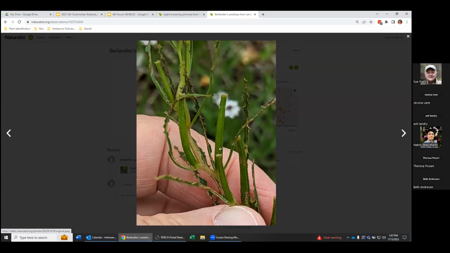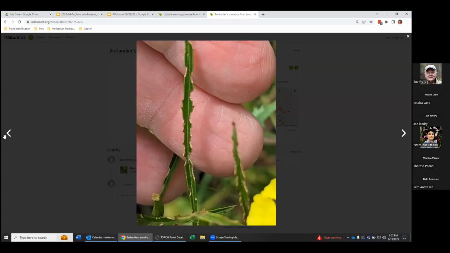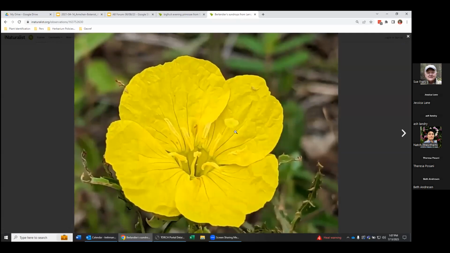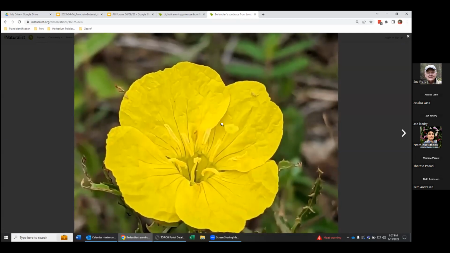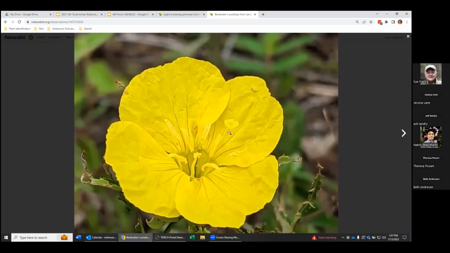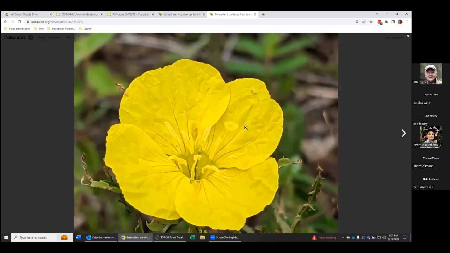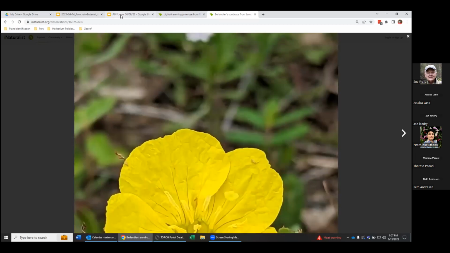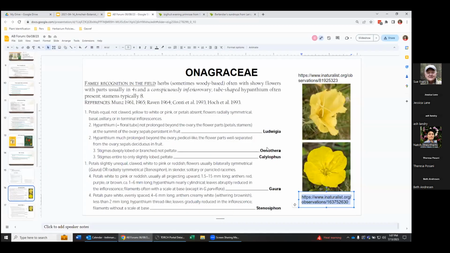So here, just to show you, here's that long hypanthium and ovary, which the flowers are up higher. And then, if y'all see this little thing I'm circling right now, that is the peltate stigma. So that's an example of the opposite genus. Going back to our key, so our stigma's branched or they're peltate. So that's our Calylophus.